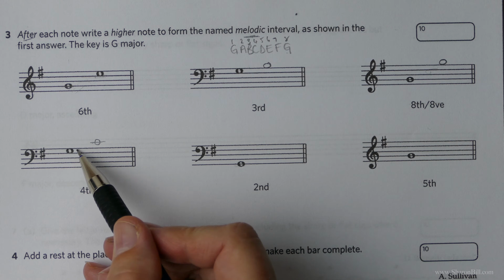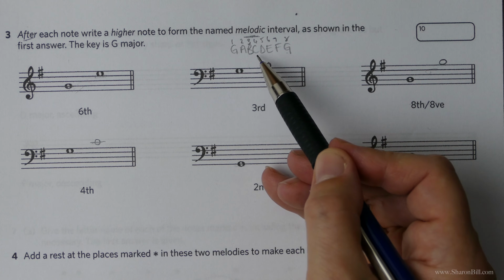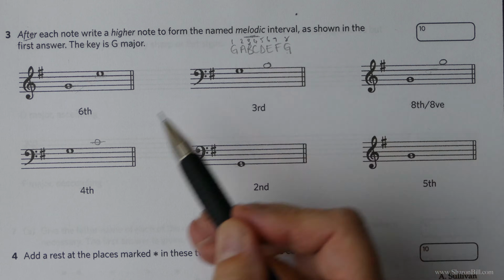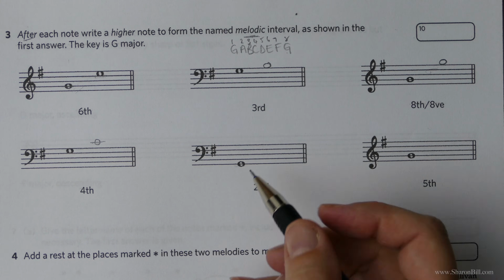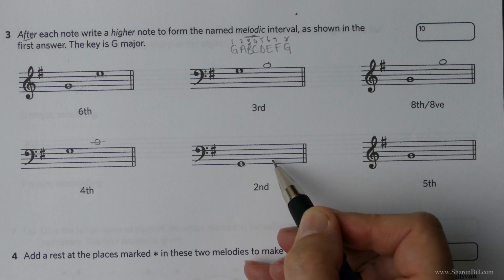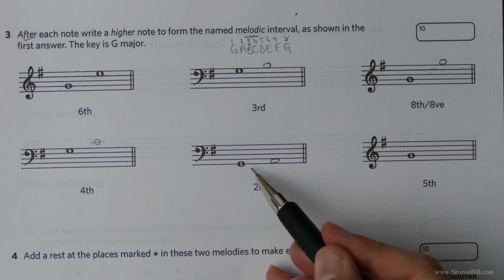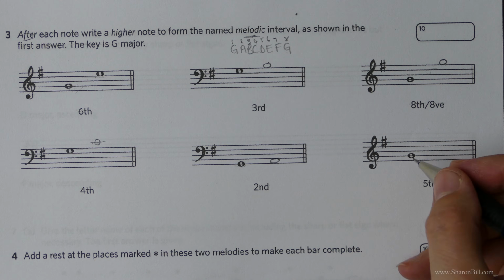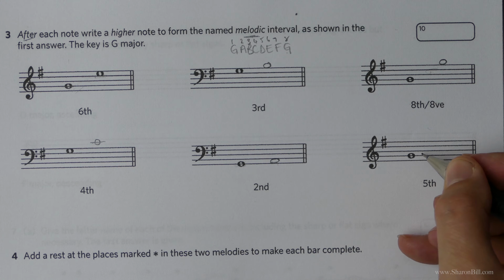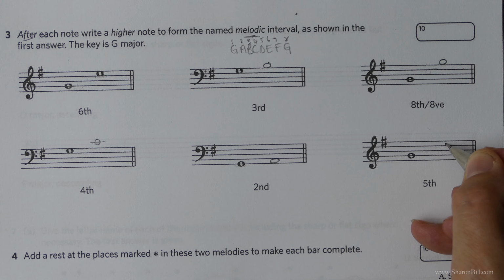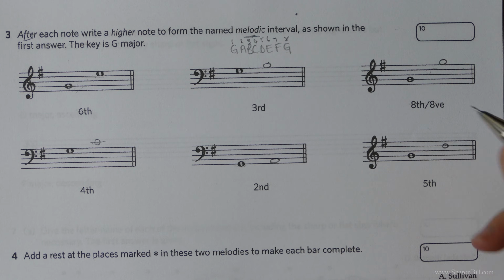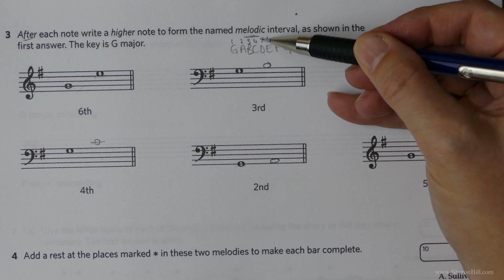So that's G, 1, 2, 3, 4, and you can see that C is the 4th, so we know that's correct. So if G is the first, the next door note A is the 2nd, and so we can see that it's just one step away, and then a 5th, 1, 2, 3, 4, 5 takes us to D, and we can see that that's a 5th.